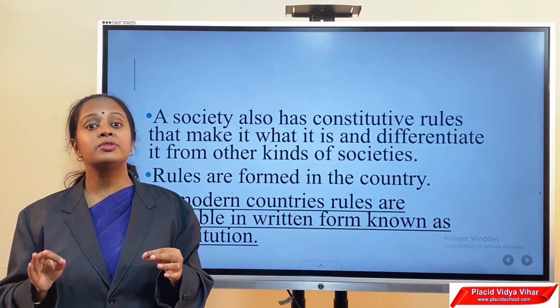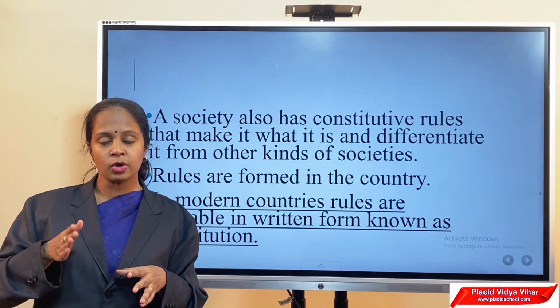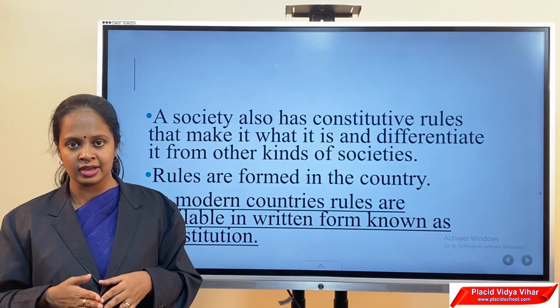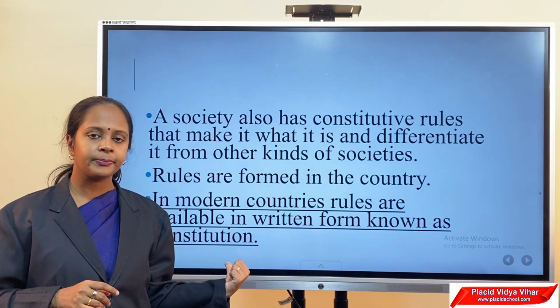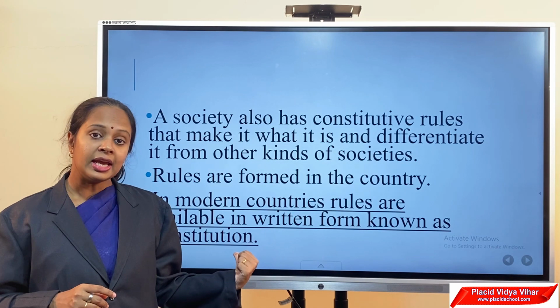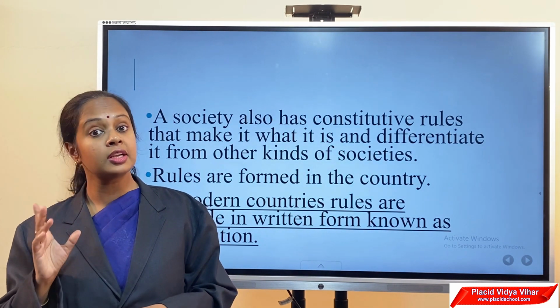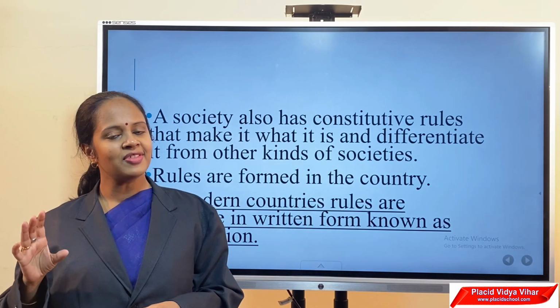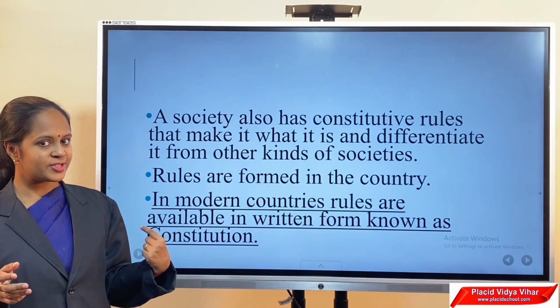The written set of rules and laws which guides the functioning of the country is known as a constitution. So now you understood what is meant by a constitution.